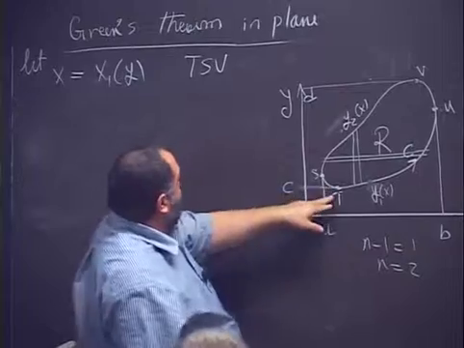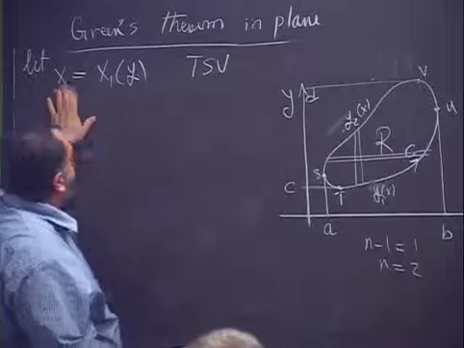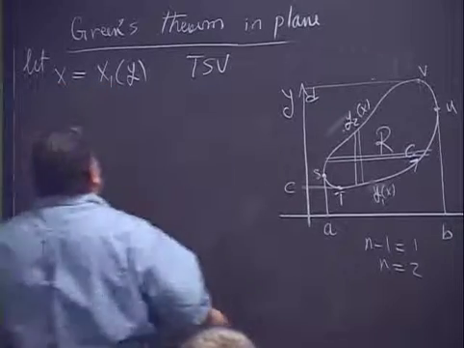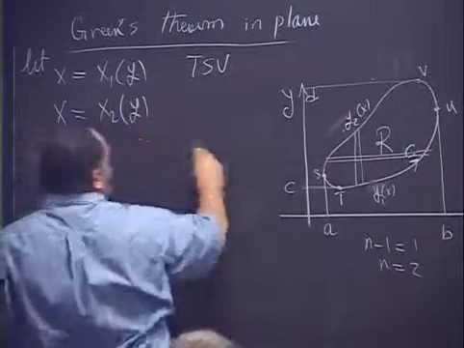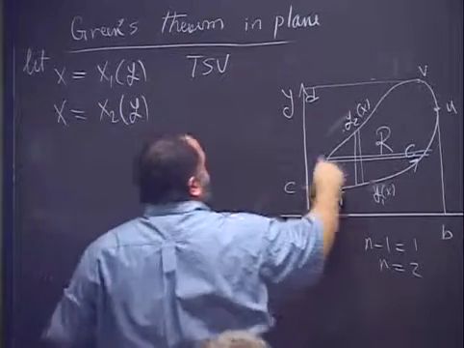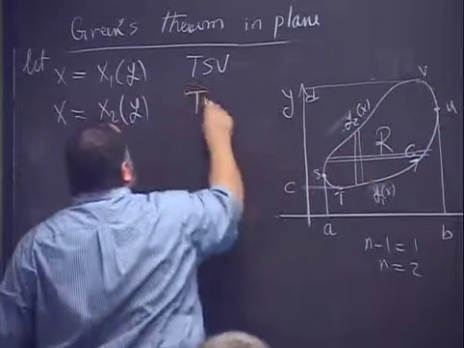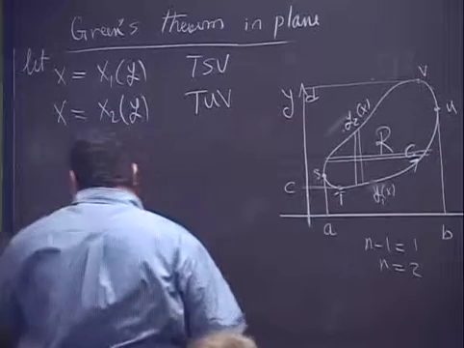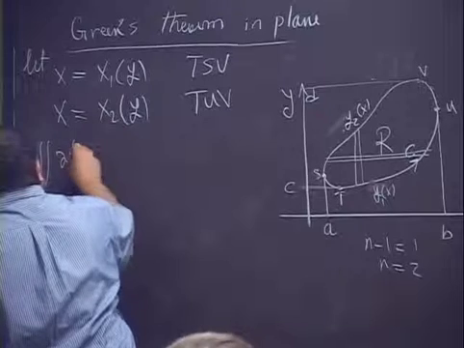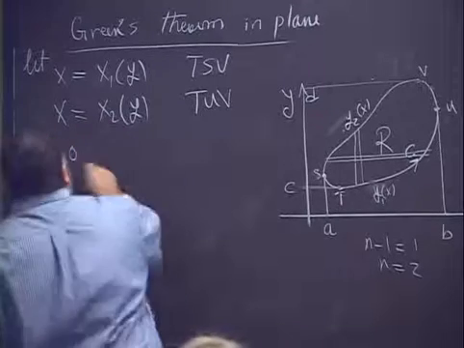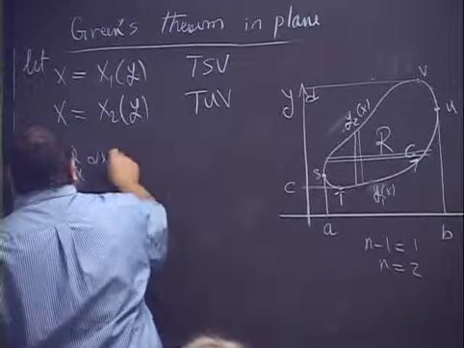So on the curve TSV, x will be x1 of y, and on the other part it will be x2. What's the other part? So this is TSV, and the other part is TUV. So we'll do the same, but now for double integration over R for dq by dx. So this is dx dy.